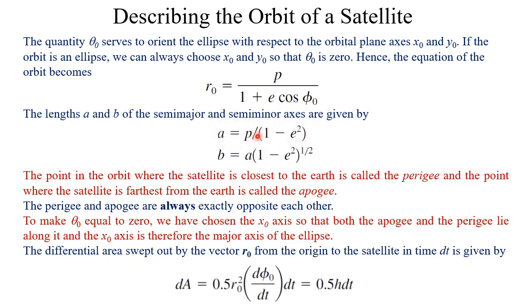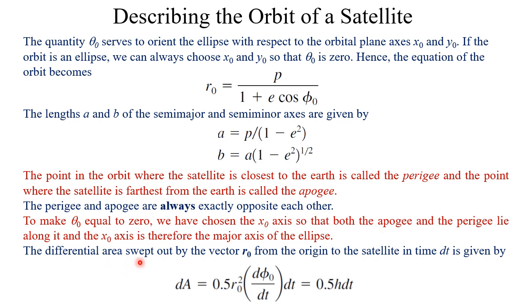It is a equal to p by 1 minus e square and b equal to a into 1 minus e square whole to the power half. The point in the orbit where the satellite is closest to the Earth is called the perigee, and the point where the satellite is farthest from the Earth is called the apogee. Perigee and apogee are always exactly on opposite sides of the orbit.